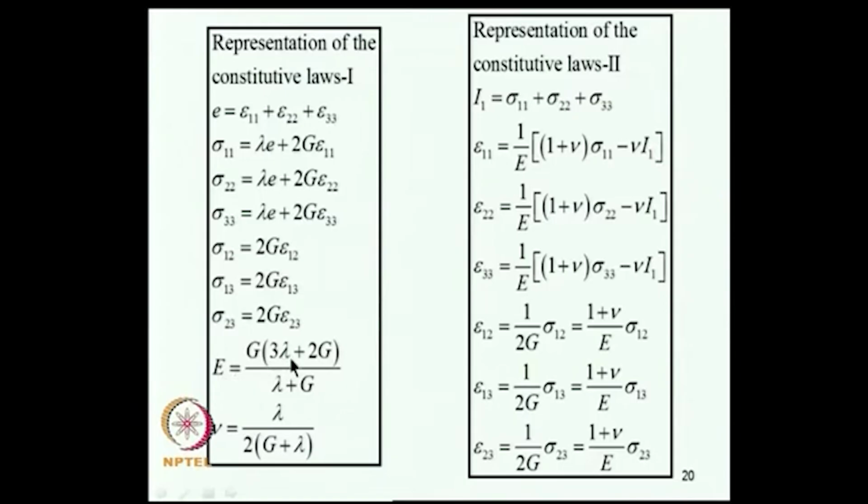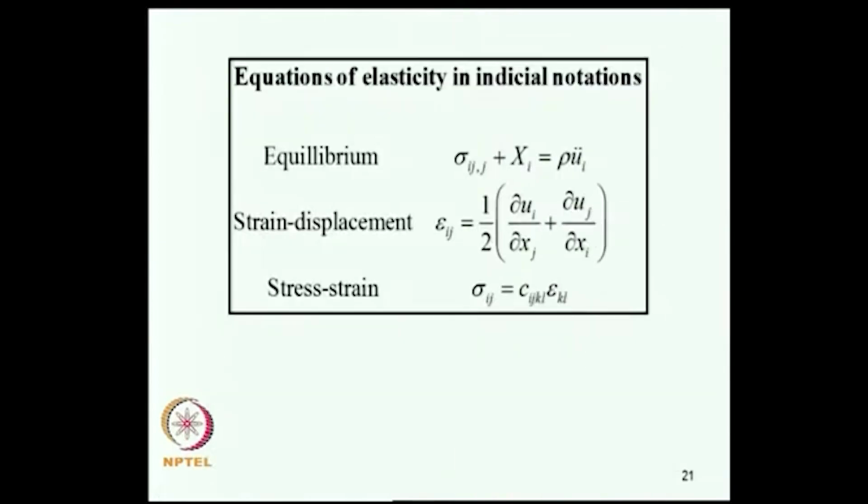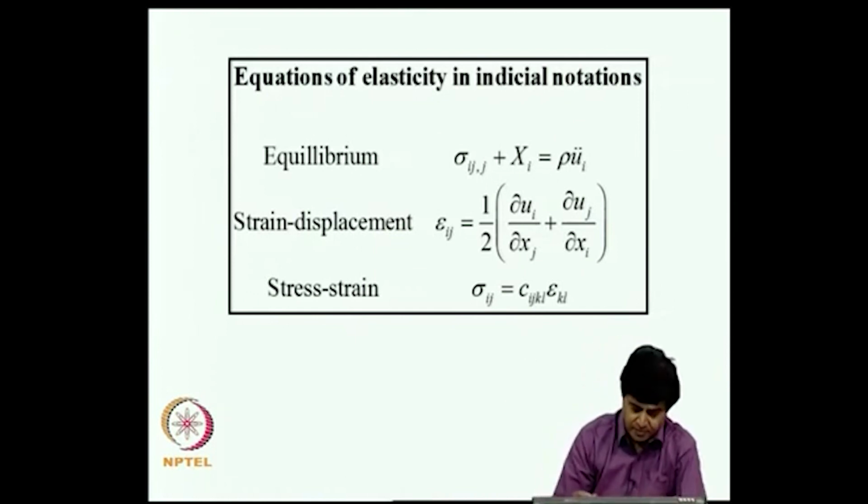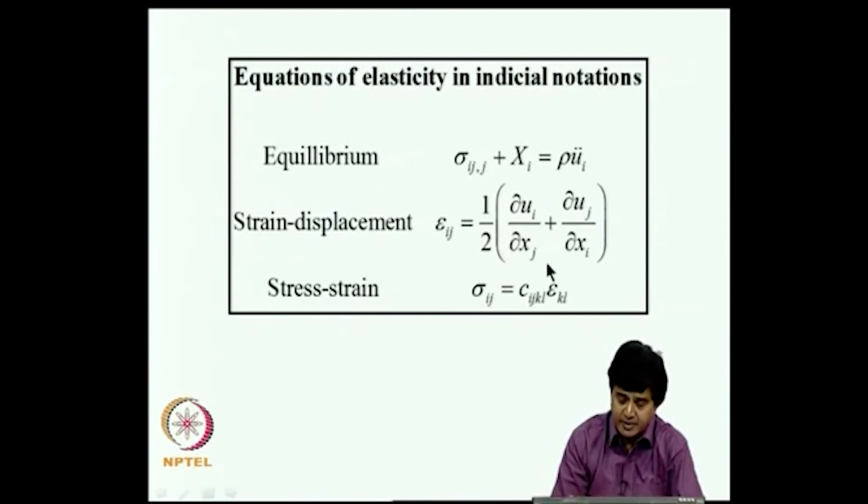You can also express strains in terms of stresses. This is the first invariant of the stress matrix, and we get these relations. Again, this is in terms of Young's modulus and shear modulus. So, we could use either this or this depending on the context in which we formulate the problem. If you use indicial notation, all these equations can be written in a compact manner.